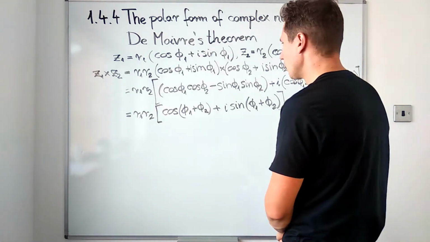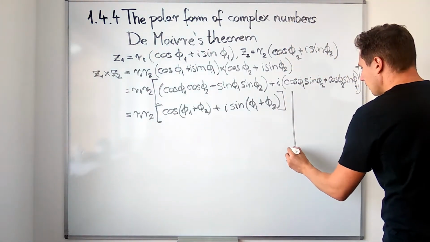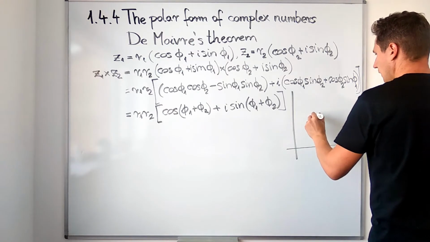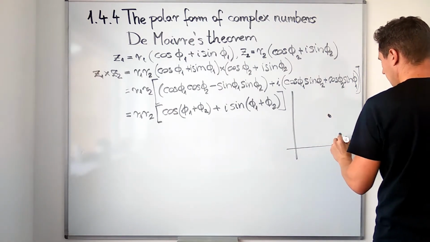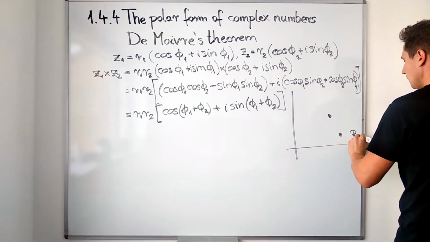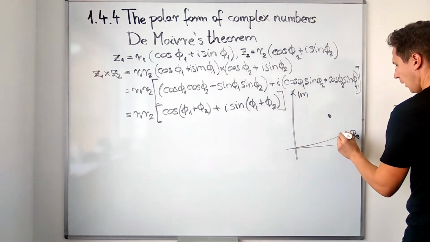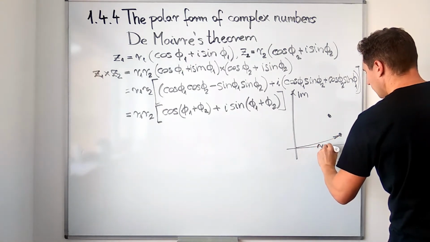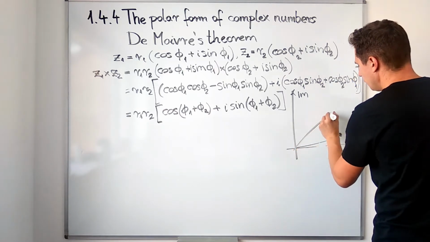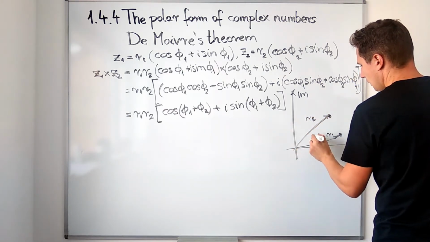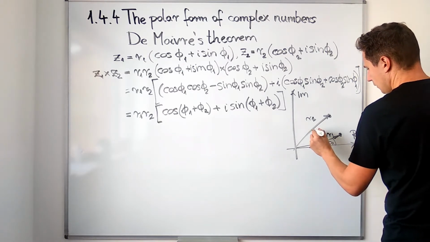What happens with these numbers is that, let's say they are here and here. So we have two complex numbers. This is just an example, of course, with modulus r1 and r2 and angles phi1 and phi2.